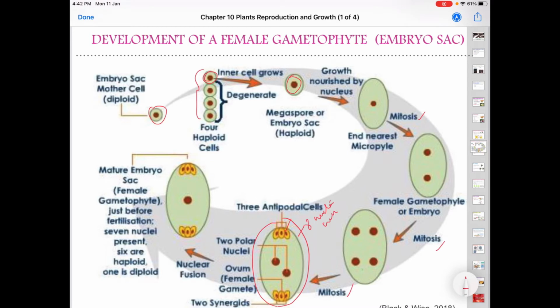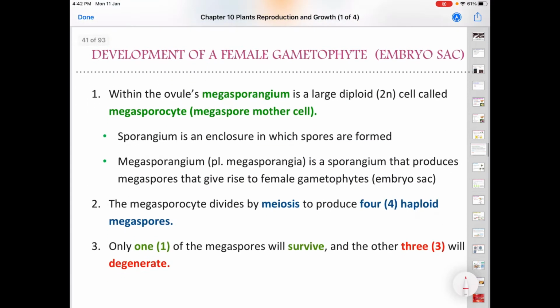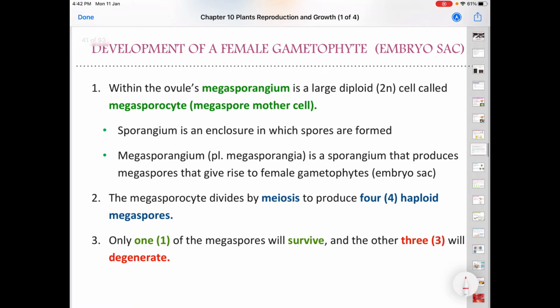Three form antipodal cells, 2 will form polar nuclei, and the egg with 2 synergid cells flanking the egg. This embryo sac consists of 8 nuclear, haploid cells. These are the full summary of the process.